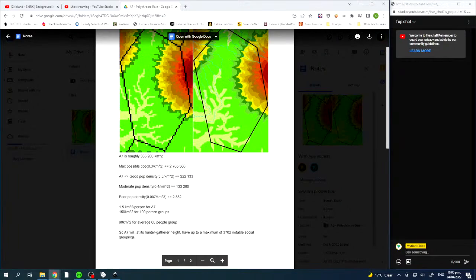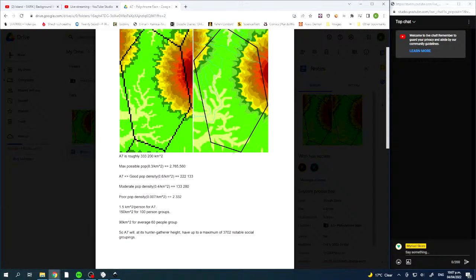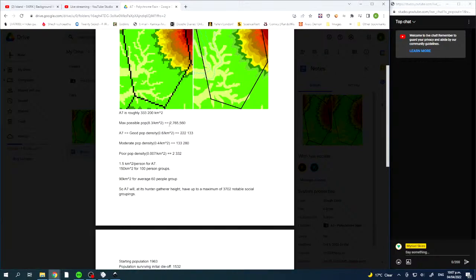So I basically looked into hunter-gatherer stuff. Now, the max possible population that I calculated for this, based on various sources, I always forget my sources, so apologies for that. I'm not in academia in this area, so I don't need to cite my sources. If you are in academia, cite your sources, please. The max population is about 2.7 million.